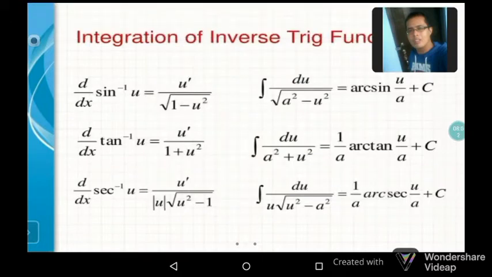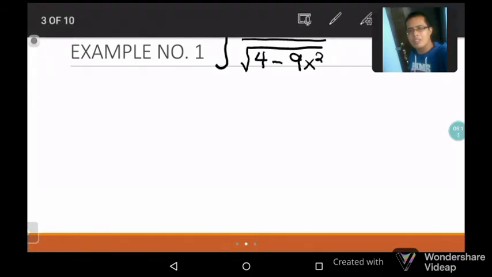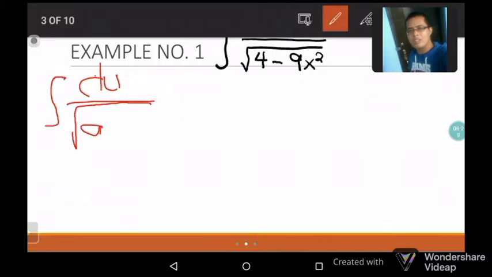Okay. So, gamitin natin sa mga example. Let's use it in our example. We're asked to find the integral of dx over square root of 4 minus 9x squared. Okay, isulat natin. Integral daw ng du over square root, isulat natin, of a squared minus u squared.